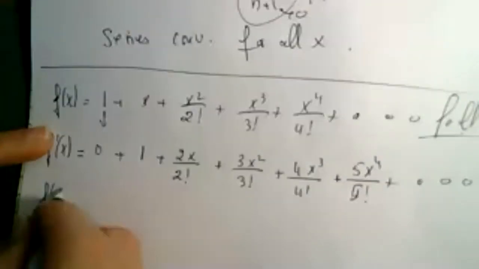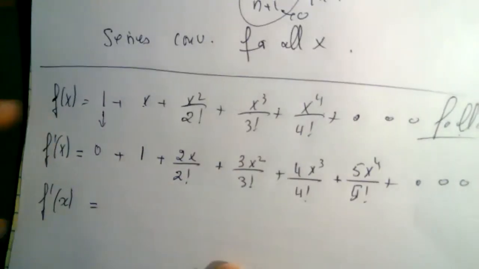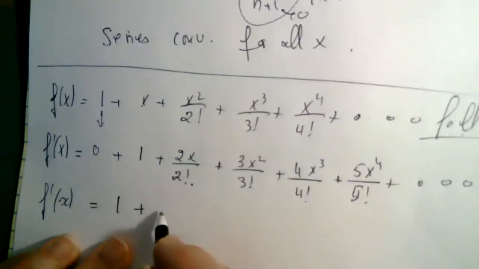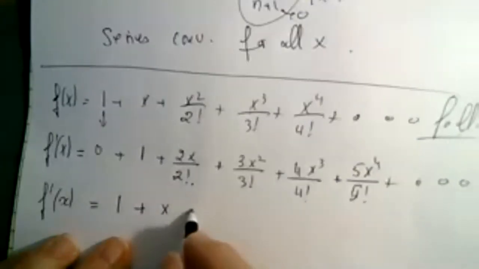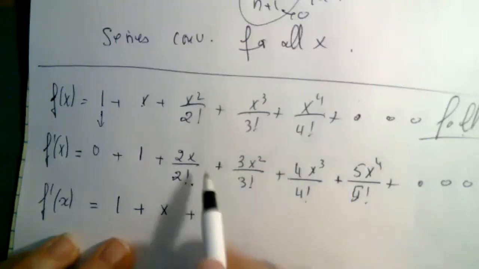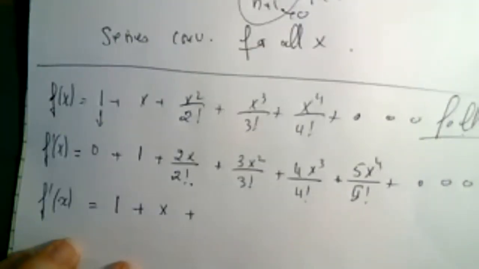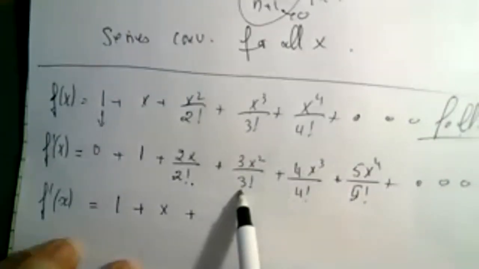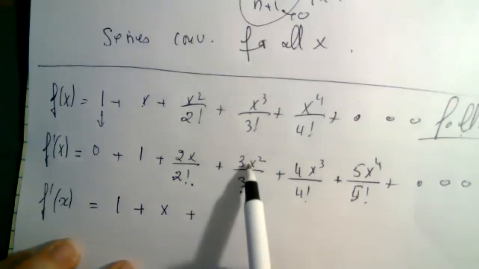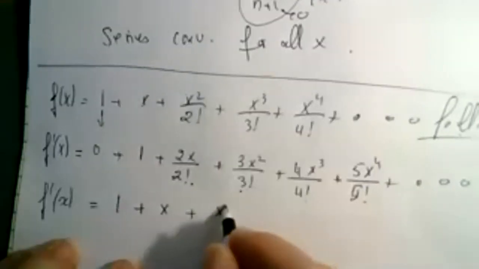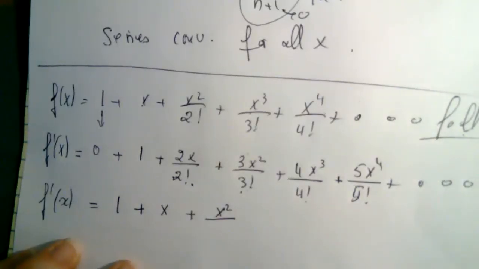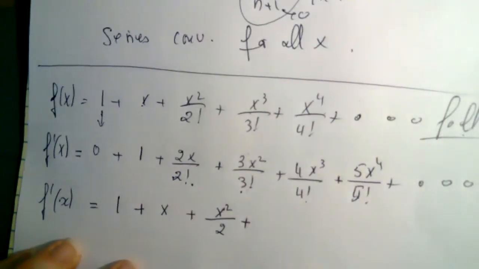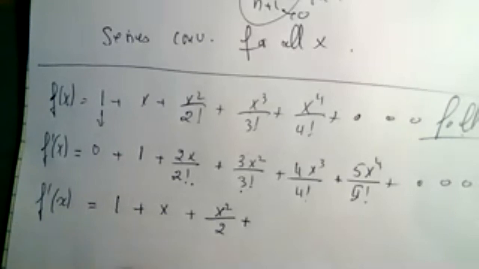All right, what is f prime? Let us simplify a little bit. 2x over 2 factorial gives me what? x, right? Plus, what's 3x squared over 3 factorial? Anybody? 3 factorial. So I will have x squared over what here? 2, I agree. Plus, what is 4x cubed over 4 factorial?